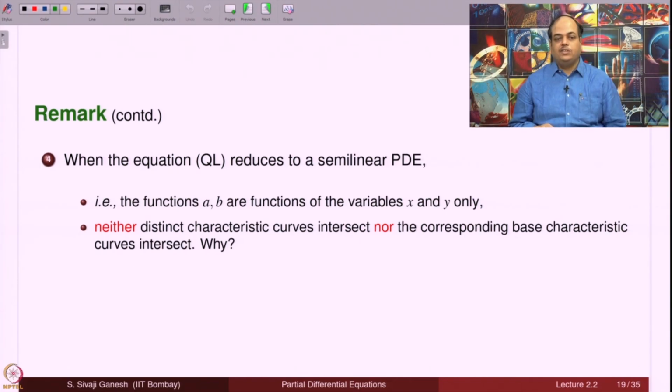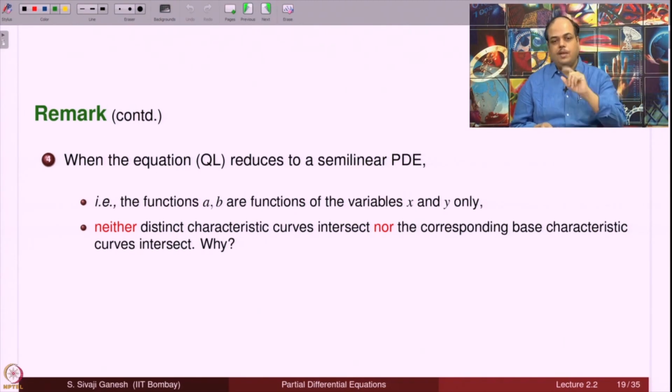It is a projection of the characteristic curve to omega 2. But solutions of which equations? Because it is semilinear, the equations are dx/dt equal to A(x,y), dy/dt equal to B(x,y), and A, B are still C1 functions. So, by the Cauchy-Lipschitz-Picard theorem, there is exactly one base characteristic curve passing through every point of omega 2.